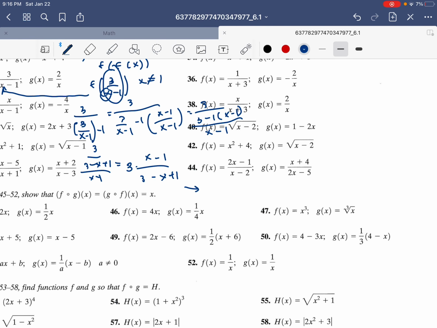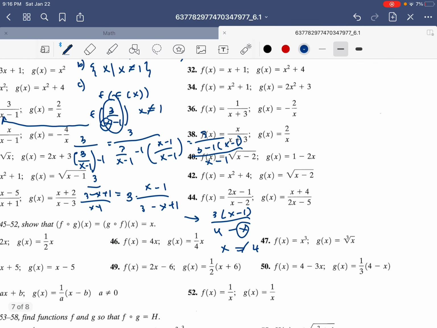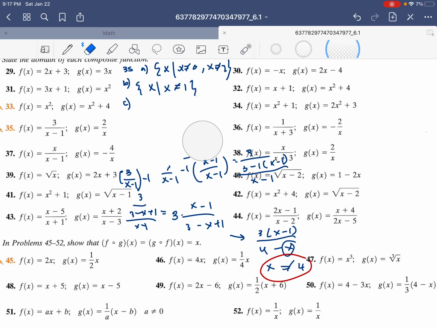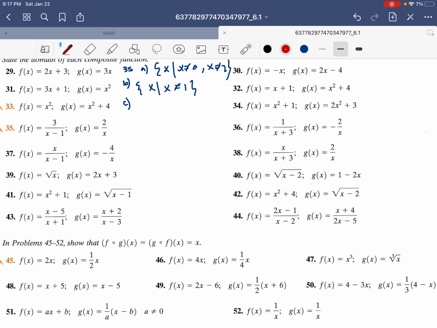Which gives you 3x minus 1 over 4. Okay, so here you see x cannot equal 4. So x cannot equal 4, x cannot equal 1 for C. So for C, x cannot equal 1 and x cannot equal 4.